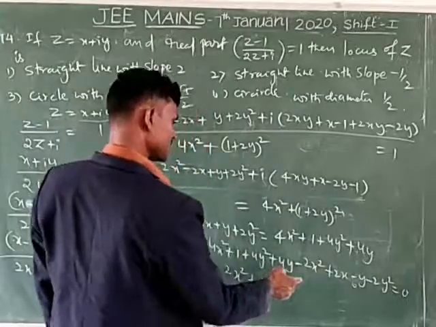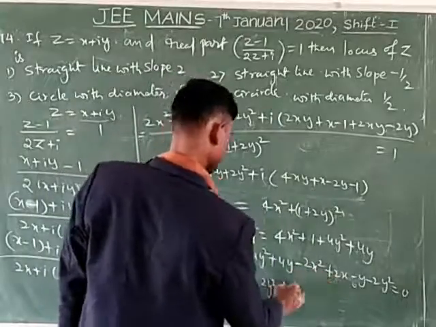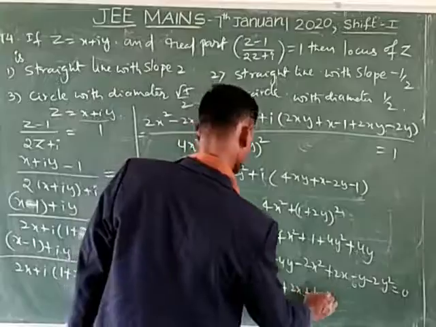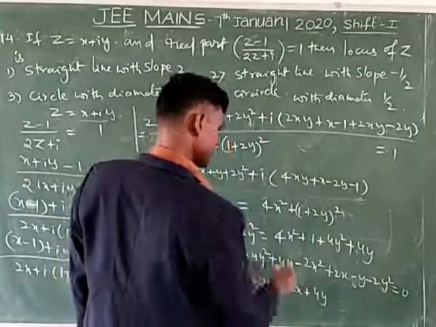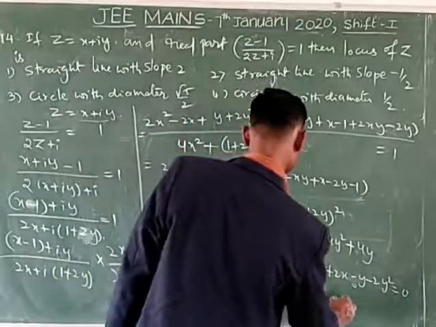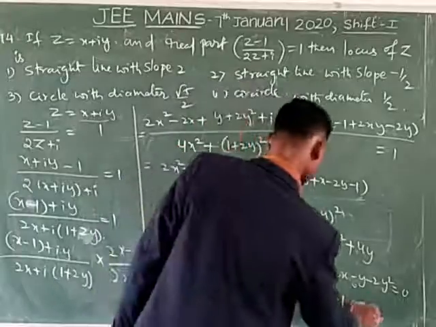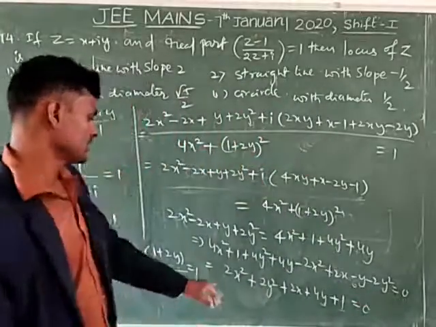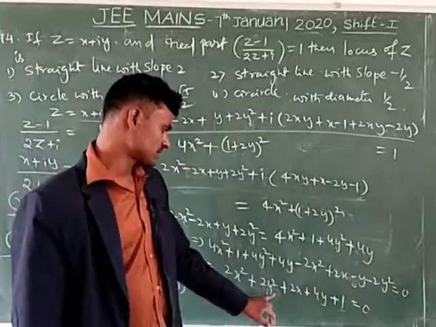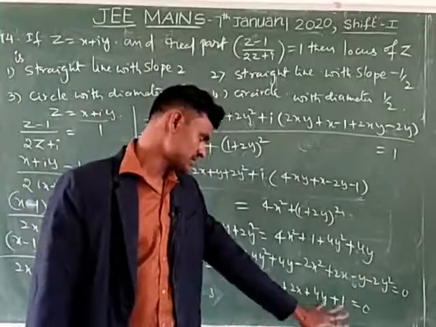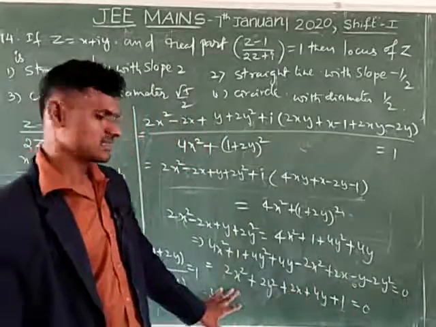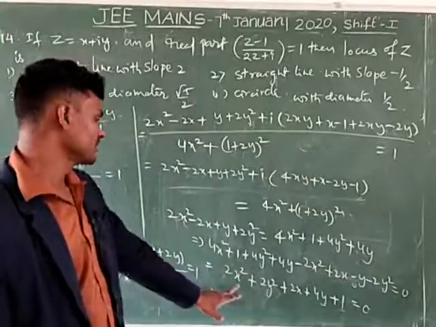Next is plus 2x plus 4y, and the constant term is 1 only, equal to 0. Now this is of the form a square plus b square plus 2gx plus 2fy plus c, which is like a circle.